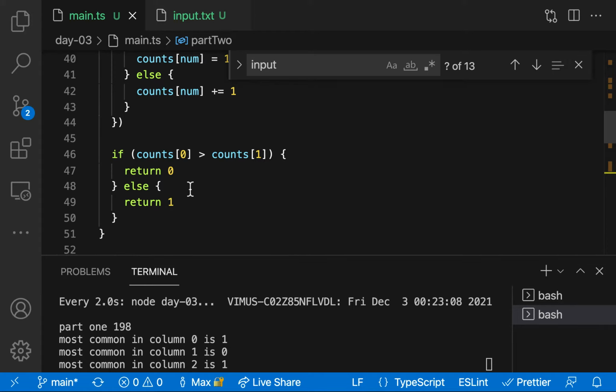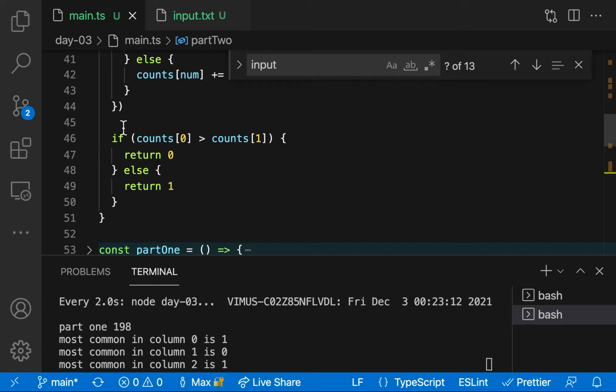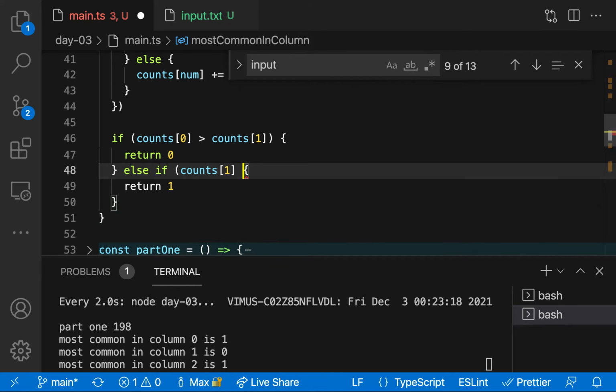That's defined behavior now. So we'll say here in the most common, else if counts 1 greater than counts 0. I guess this is actually what we want to do regardless. We want to return 1.